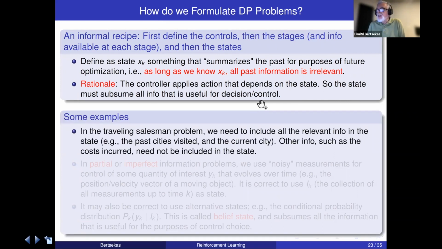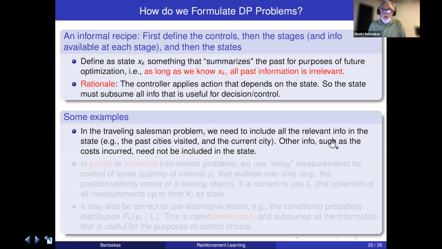Let's look at some examples. In the traveling salesman problem, you need to include all the relevant information in the state before making a decision of which city to go to. And what might be the minimum of that relevant information? Well, you need to include the past cities that you have visited, as well as the current city where you are.